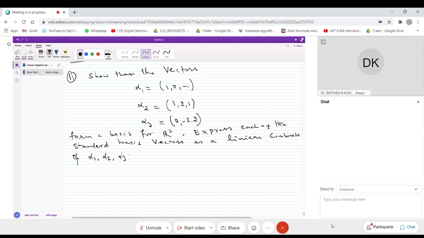Okay, so three vectors alpha 1, alpha 2, alpha 3 are given to us. We have to first show that it is a basis. So basis means we have to show two things.